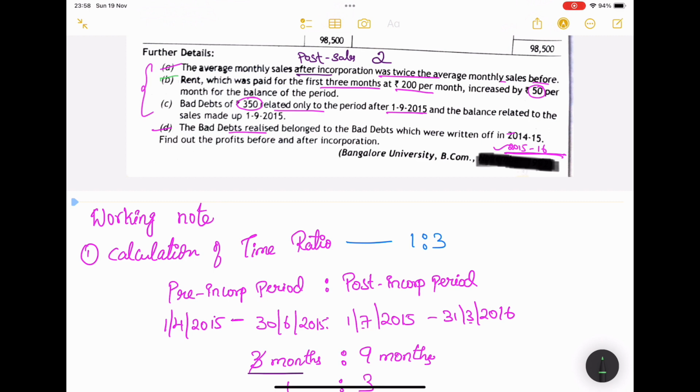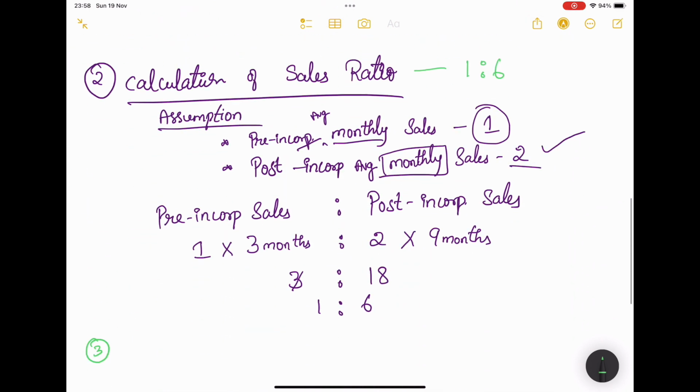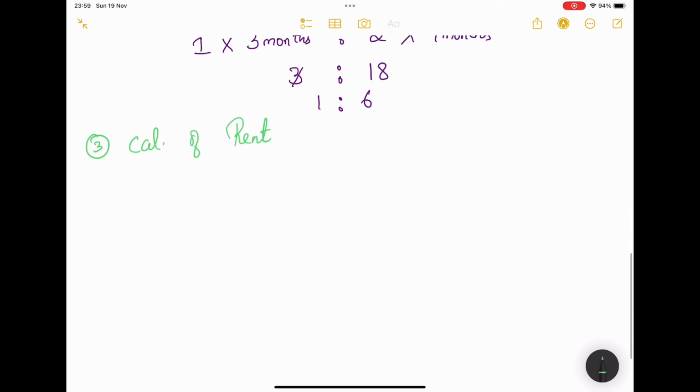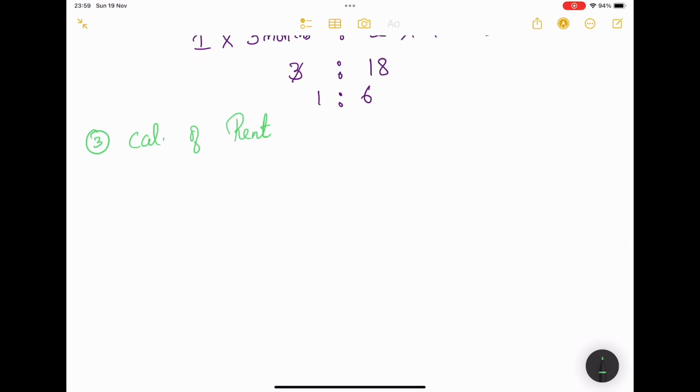So they have clearly mentioned it. I'll write here calculation of rent. So how am I going to calculate? How many months are we having in pre incorporation? 3 months, isn't it?